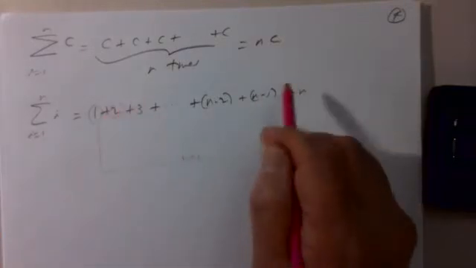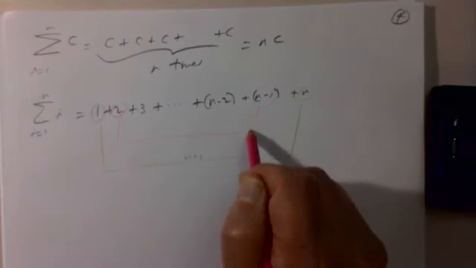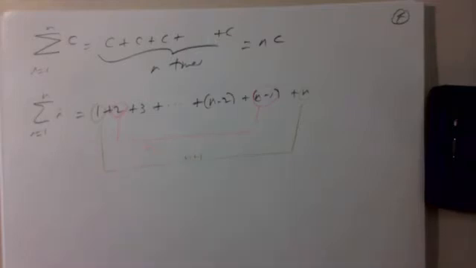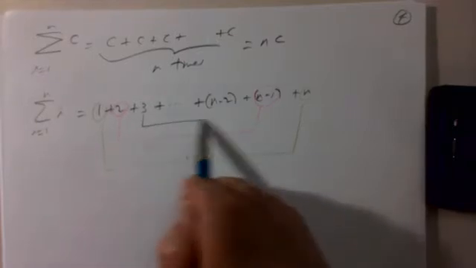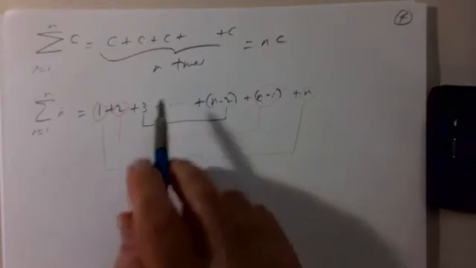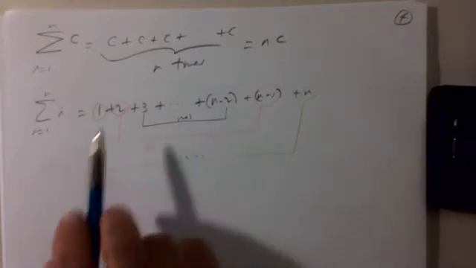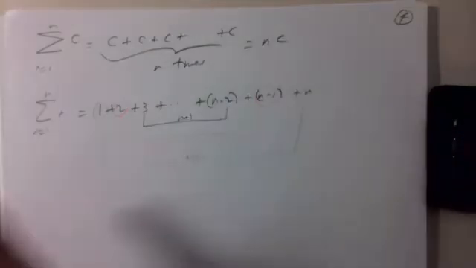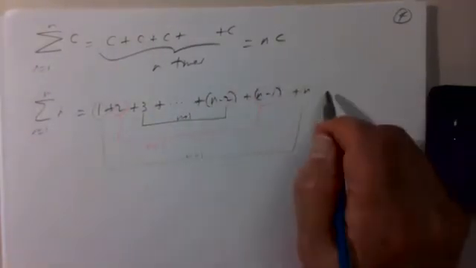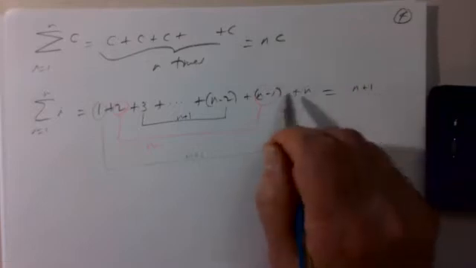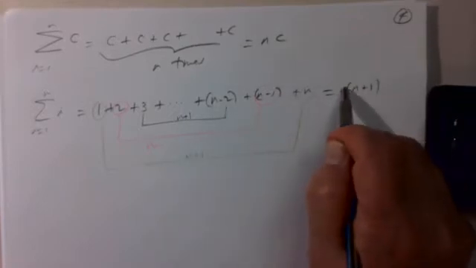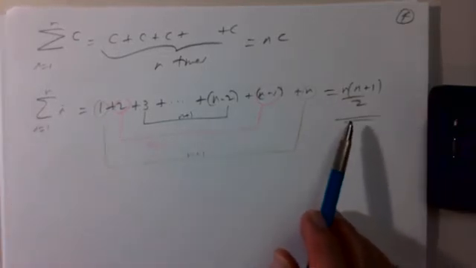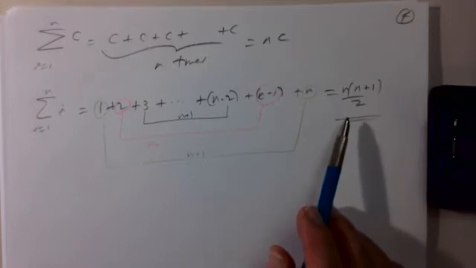If you take the second term and the next to the last term, you add them up, n minus 1 plus 2 is also n plus 1. If you take the third term and the third from the last term, n minus 2 plus 3 is n plus 1. And you see if you pair these off, like an onion, coming in from the ends, you have pairs of numbers that add up to n plus 1. And if you have n numbers, how many pairs are there? n over 2. So we have this formula, which you need to know, for the sum of the first n integers. It's n times n plus 1 over 2.